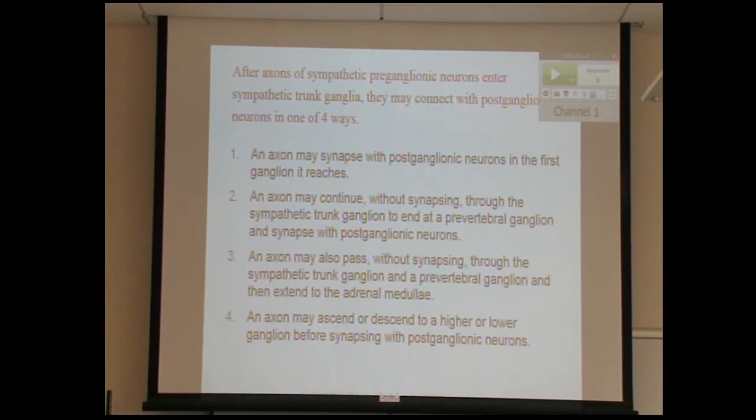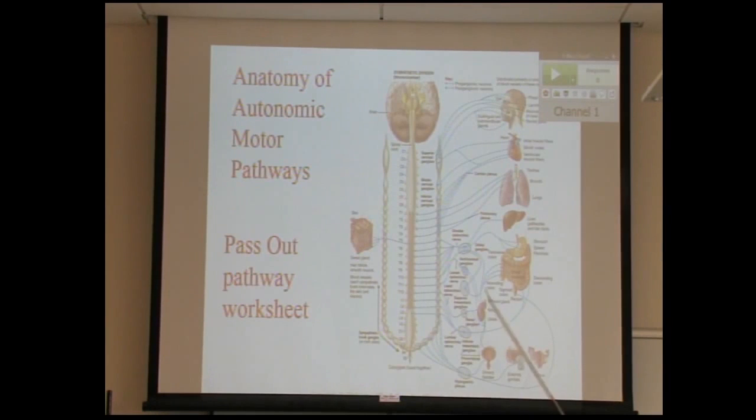What's the prevertebral ganglion? Yeah, so those are these blue ones, the blue circles. Does that just mean it's outside of the trunk? It's outside of the trunk. That's all that is. And so there'd be like a cluster of connections there. And is a ganglion like the beginning of the nerve?